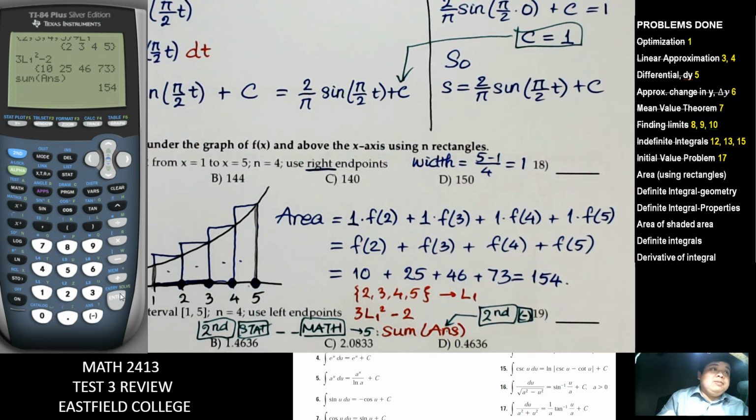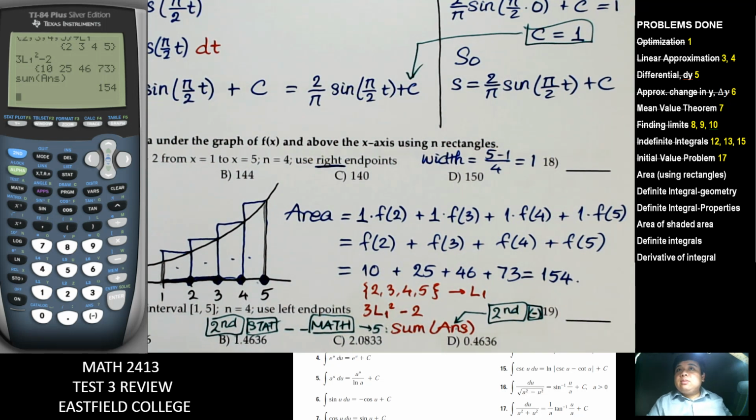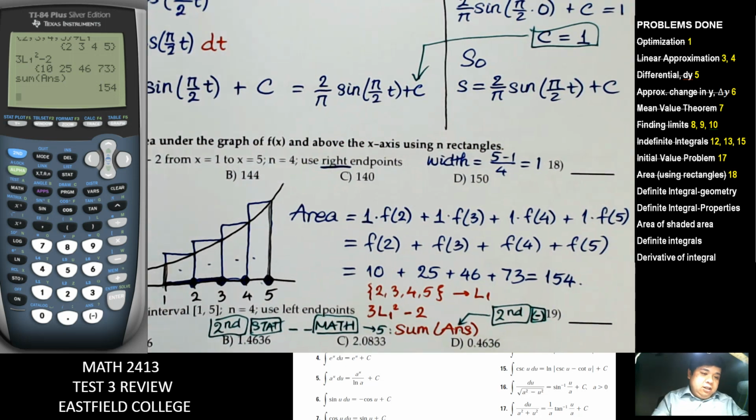Of course, second and the negative sign give us answer. So we do that and we add the list together. So that is 18.